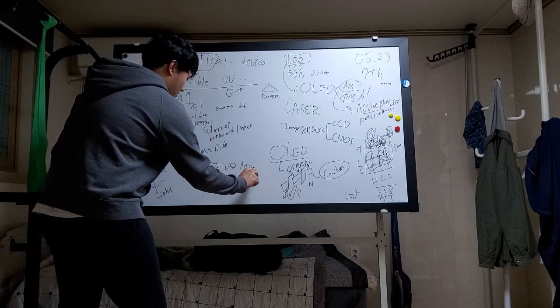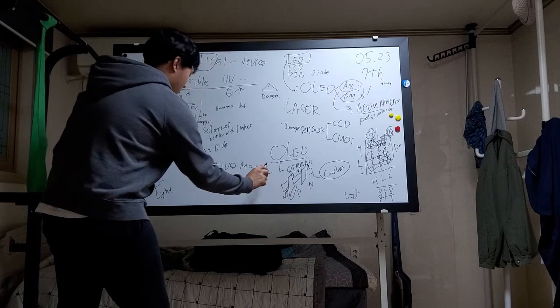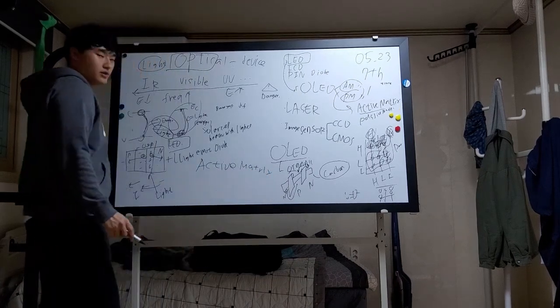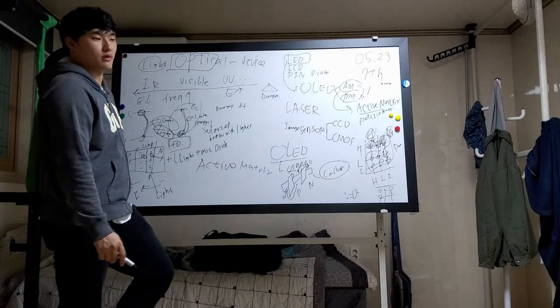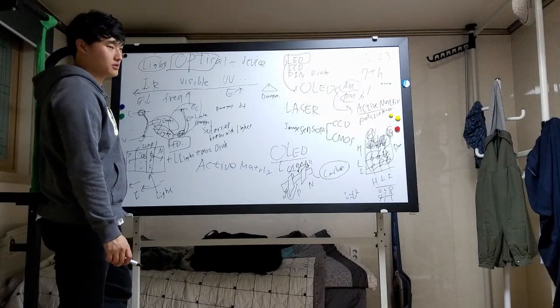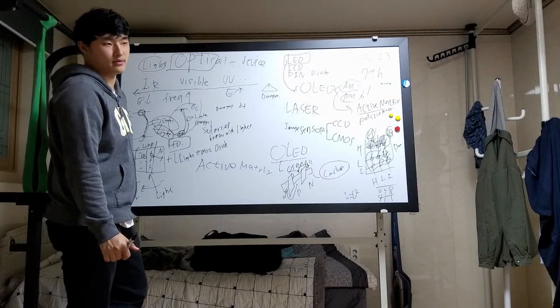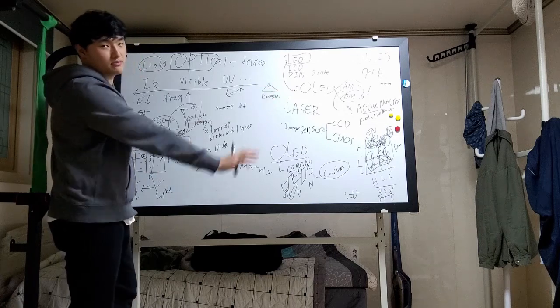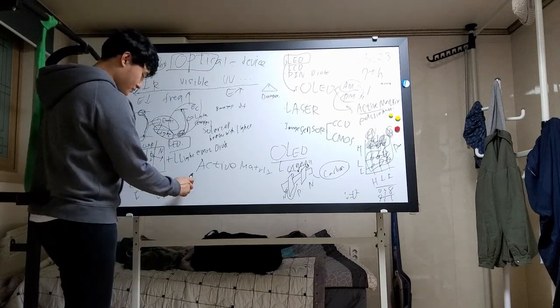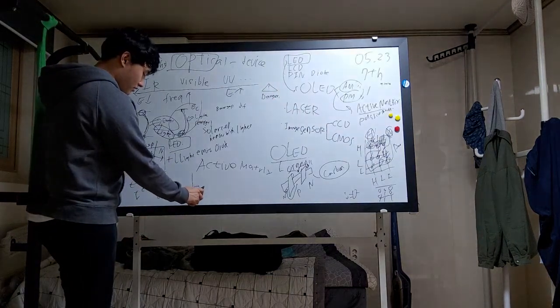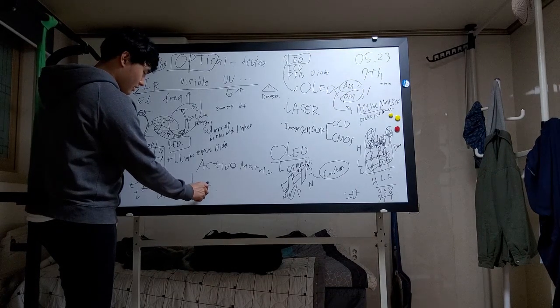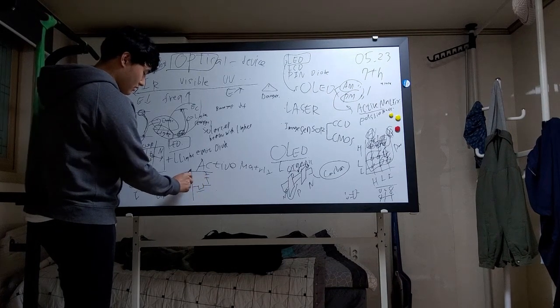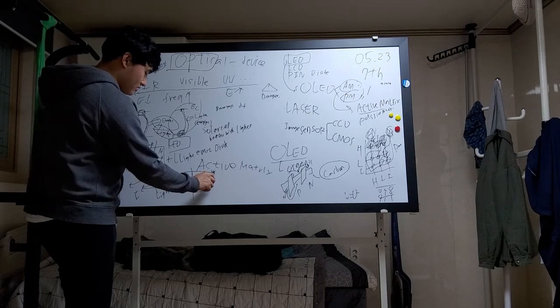Okay, and next, the active matrix. The active matrix is very simple, but maybe more complicated to make than the passive matrix. Here we have a transistor and a capacitor, and a data line and VCC.